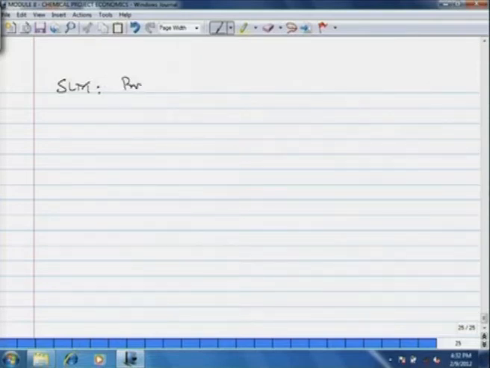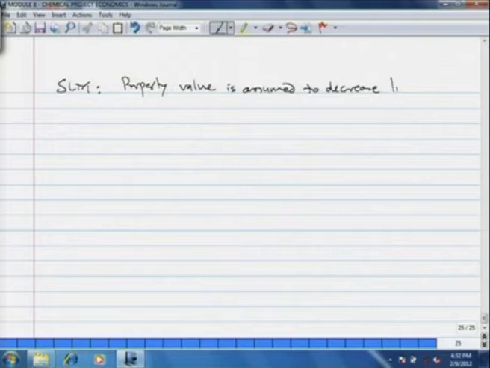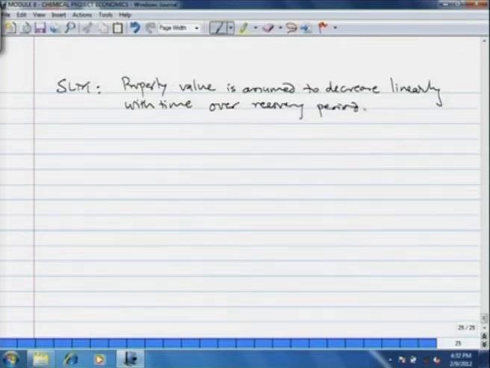Here the property value is assumed to decrease linearly with time over the recovery period. In that case, no salvage value or scrap value is taken.